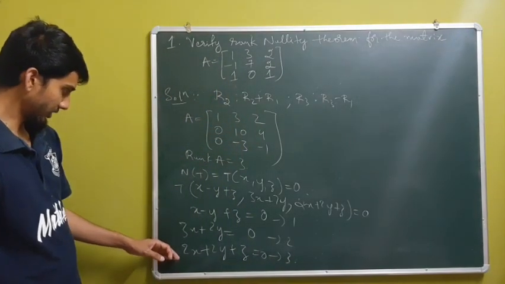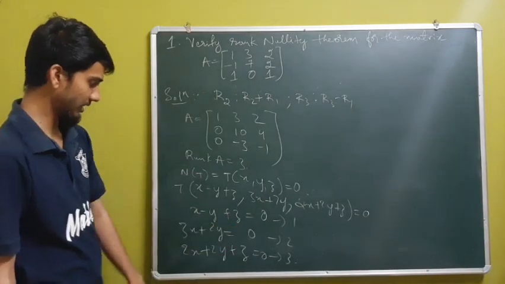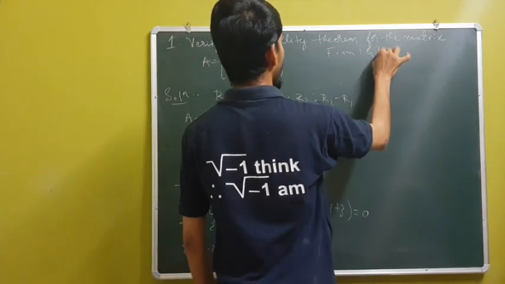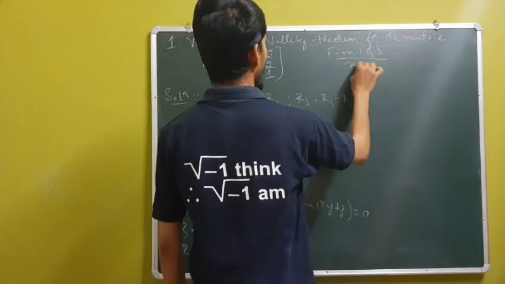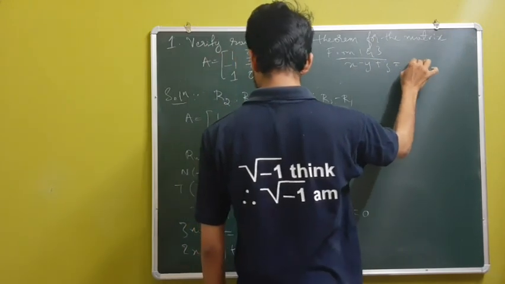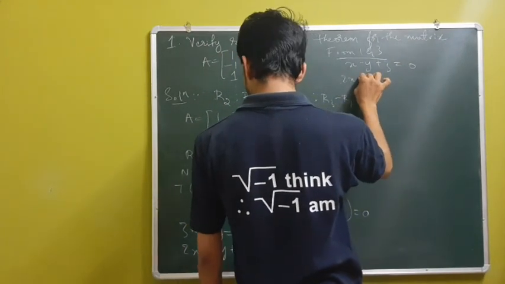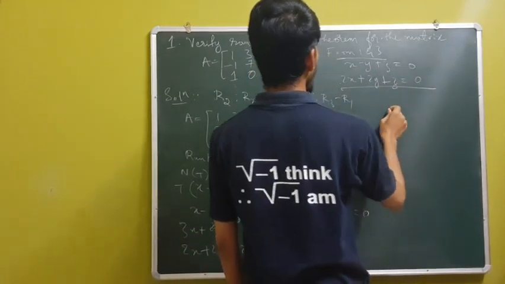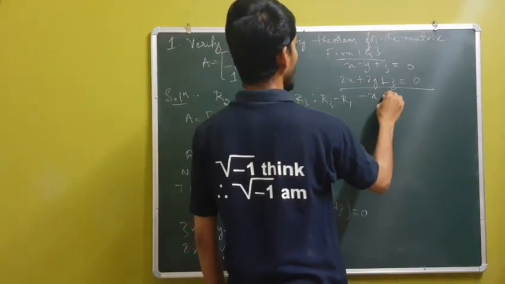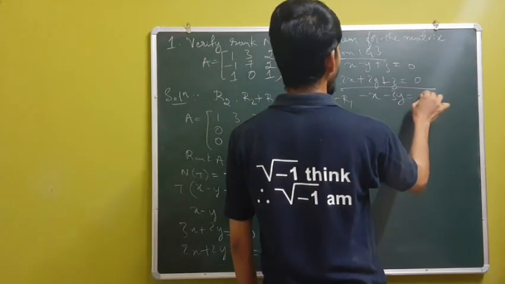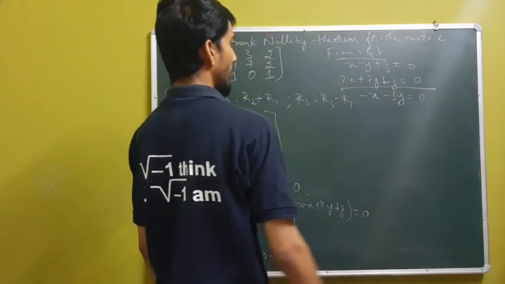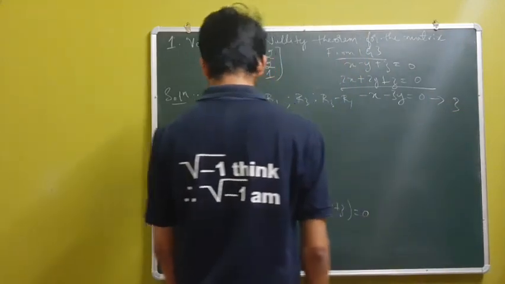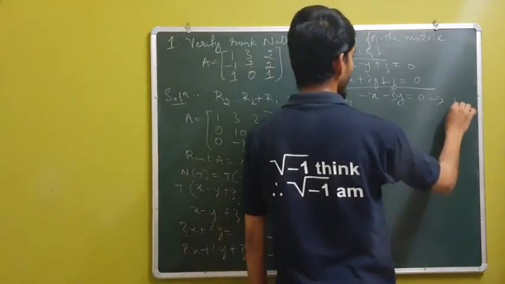Now it's easy to see that if we operate 1 and 3, z and z get cancelled. So from 1 and 3 I have x minus y plus z equal to 0 and 2x plus 2y plus z equal to 0. So this straightaway implies that minus x minus 3y equal to 0. Let me call this equation 4.